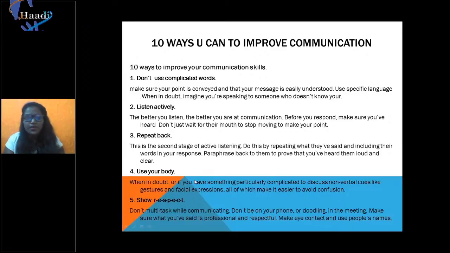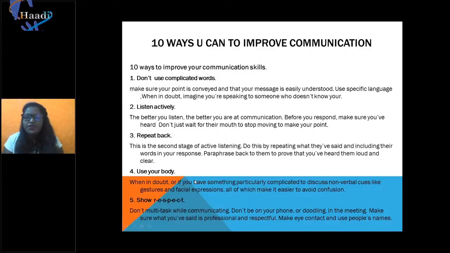Through non-verbal communication, the person can easily understand that you got confused. To avoid confusion, show your body language. By expressing your facial expression, you can show whether you've understood the information or not.